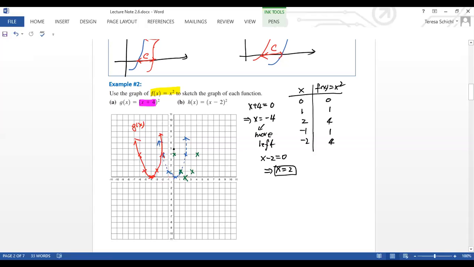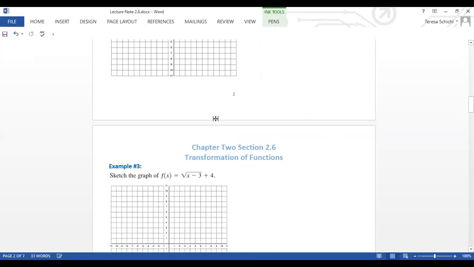You see that? That's why you need to have those basic points to help you decide where your graph shifts to. So this is my h of x, and that is what I mean by the horizontal shift.